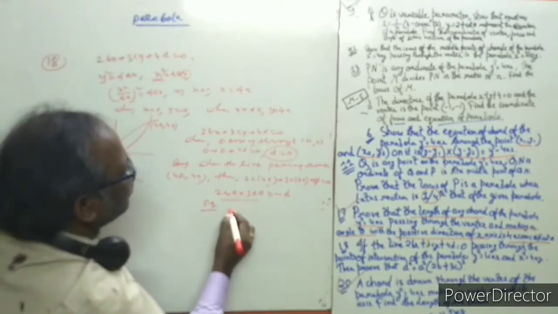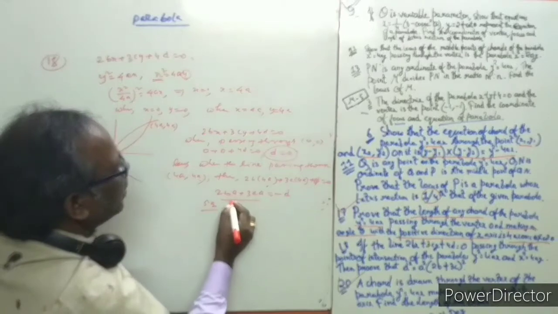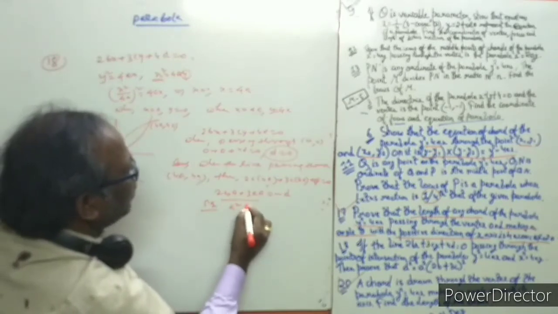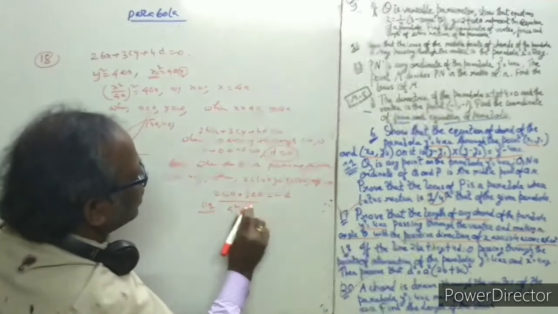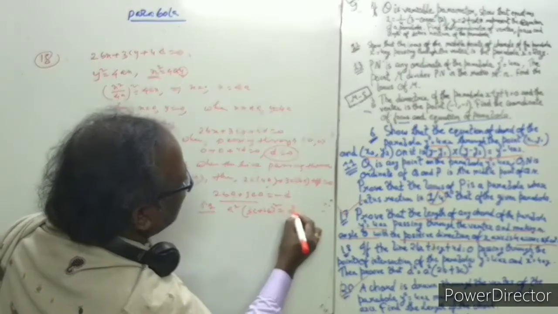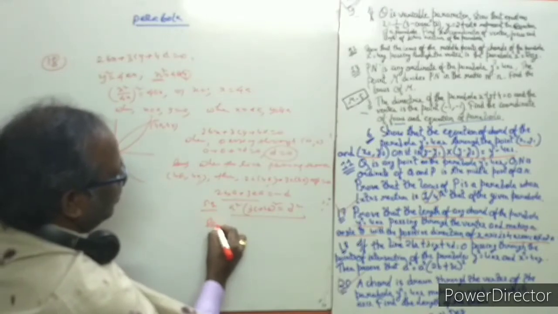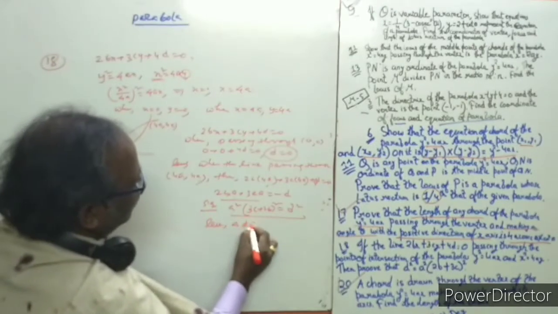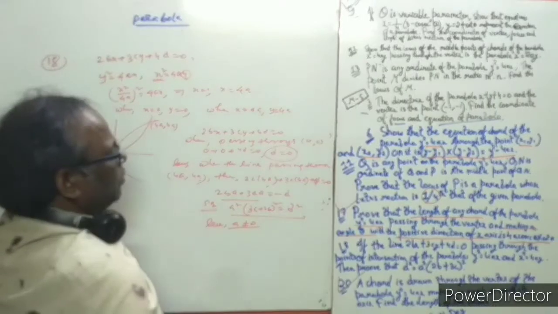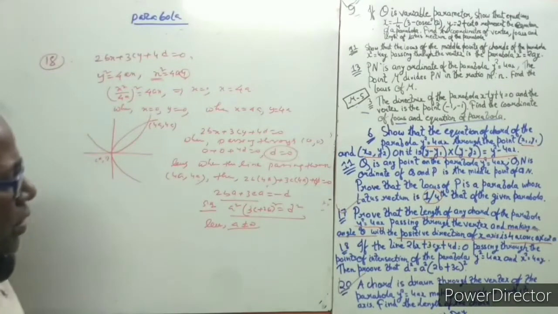So we get here actually common a square, and this is (3c plus 2b) whole square equals d square. Okay, see, but a never be 0. If a were 0, then d would not be valid.